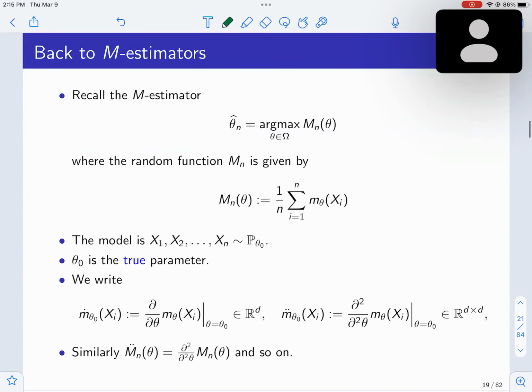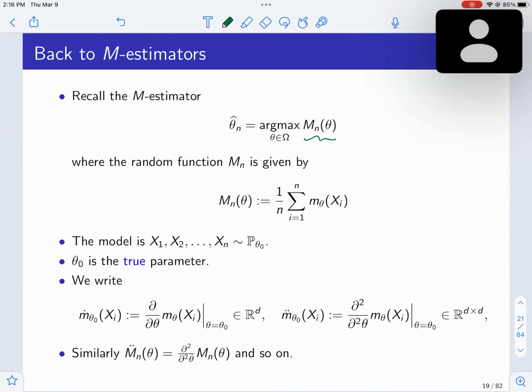Okay, so that was a recap. Let's go back to the setting that we were in. We started talking about M estimators in that setting. The setting is that we have an IID sequence from a true model, and then we form this M estimator, which is obtained by maximizing this function Mn, which itself is an empirical average of these little m theta applied to each one of the observations.